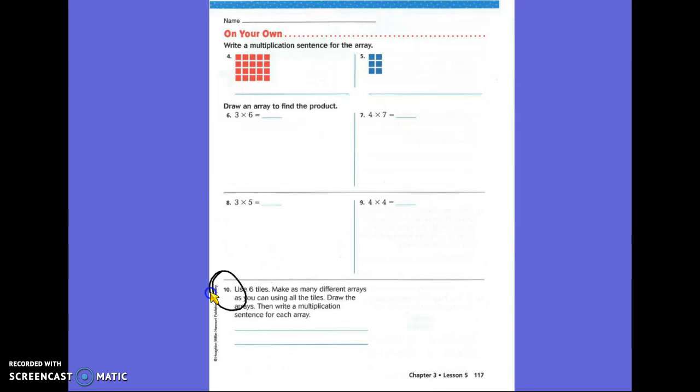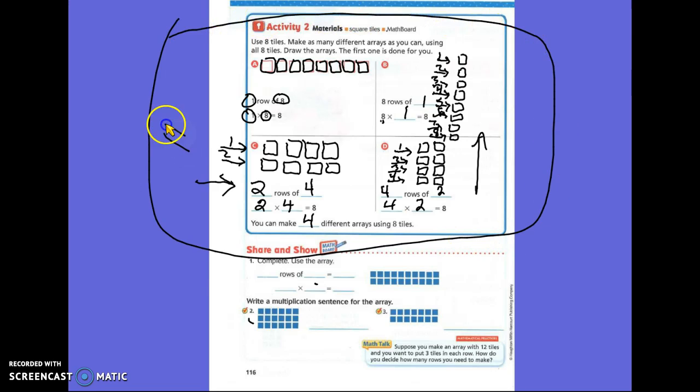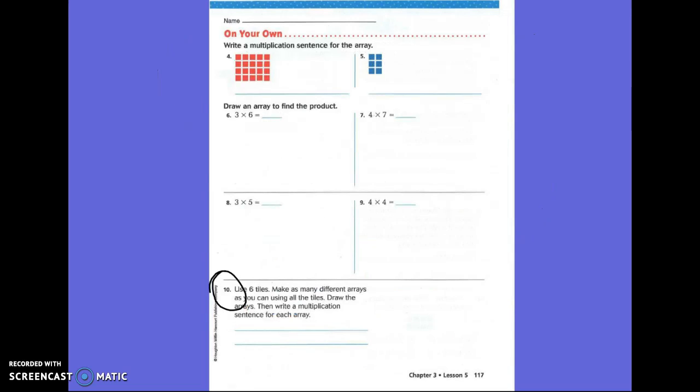When you're doing number 10, listen, eyes up here. When you're doing number 10, go back to this page and think about this activity too that you did. When you go to number 10, this activity should help you. Find out how many ways you can make 6.